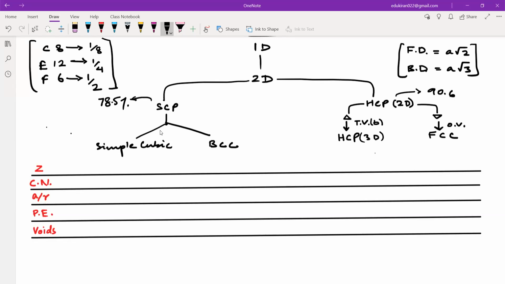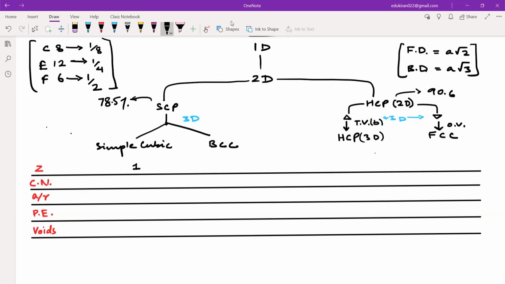What is the Z for simple cubic? Please look at your notebook. Flip some pages and tell me Z of simple cubic. Z is equal to 1.